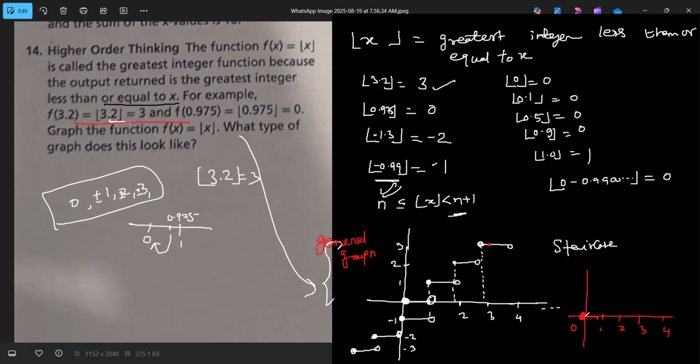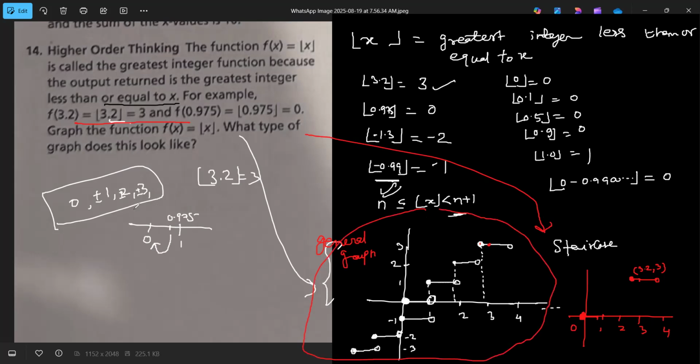And for 3.2, this is 3.2. At 3.2 you are getting 3. Understood? So this is the general graph.